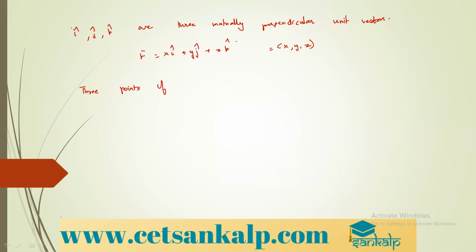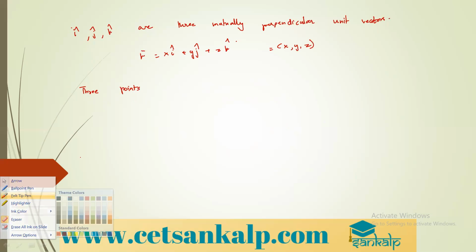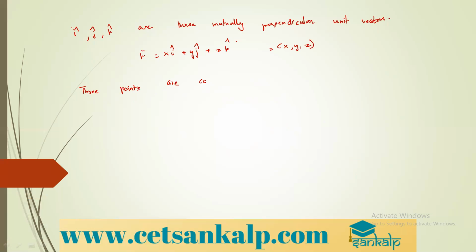3 points are collinear. How can you say? There is a test for that. For example, the 3 points are A, B, C, and A, B, C are position vectors of these 3 points.